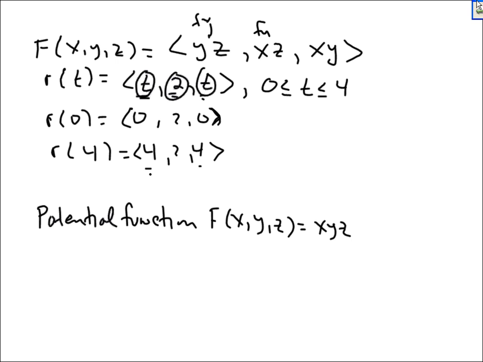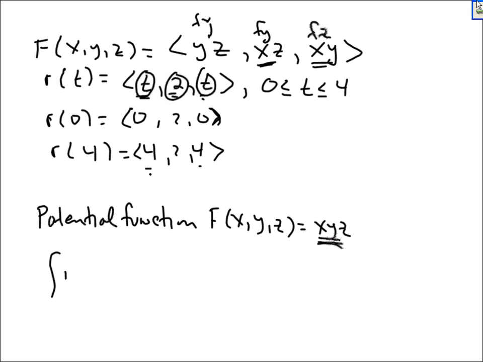And if that's fy, then f must be xyz, because remember, that's the constant. What did you take the derivative of with respect to y to get xz? xzy. Same thing here. If that's xy, f must have been xyz. So there is our potential function.